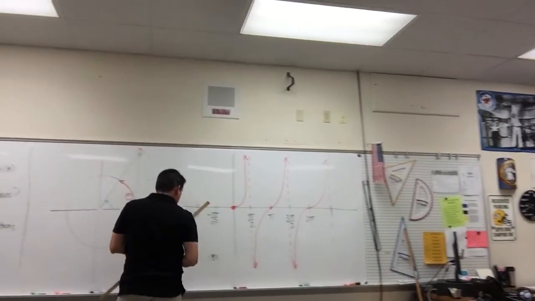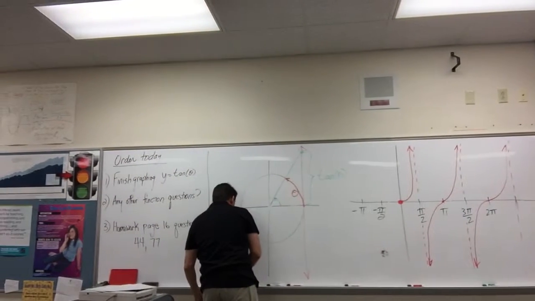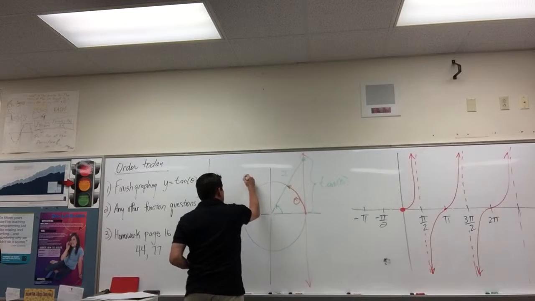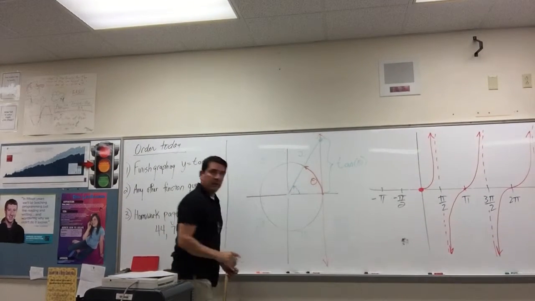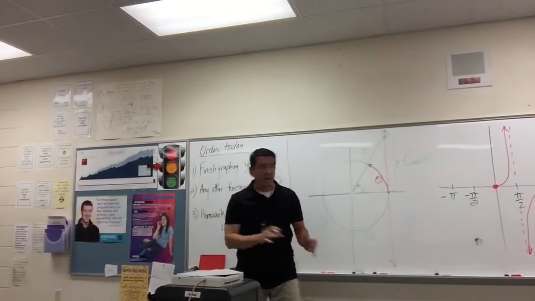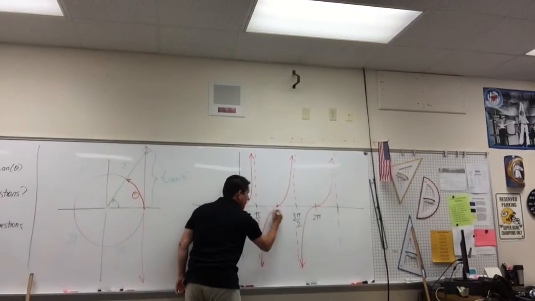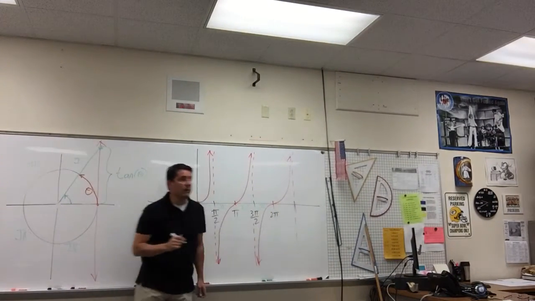So what I'd like you to observe here is that what's kind of fun about this is quadrant 1, 2, 3, and 4. If you think of your graph over here, this is quadrant 1, quadrant 2, quadrant 3, quadrant 4.